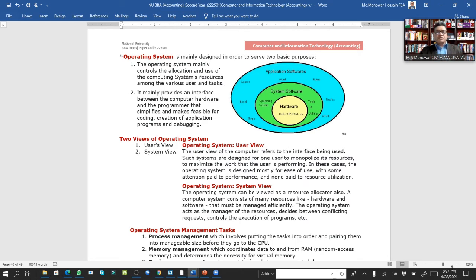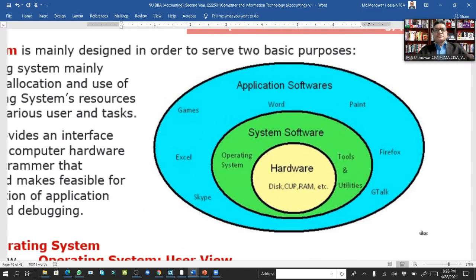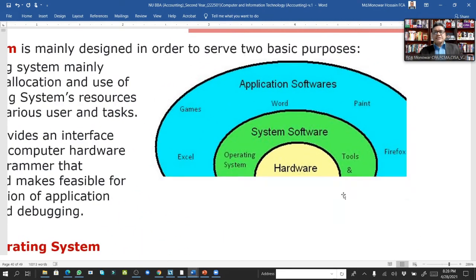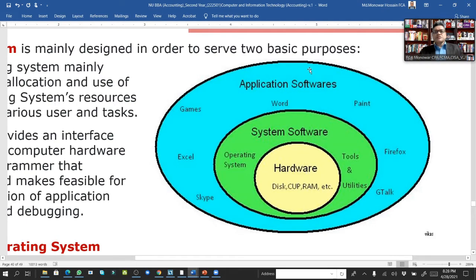It also provides an interface between the computer hardware and the programmer that simplifies and makes feasible the coding, creation, and debugging of application programs. So look here, the hardware and the application software are on the sides, and in the middle is system software.